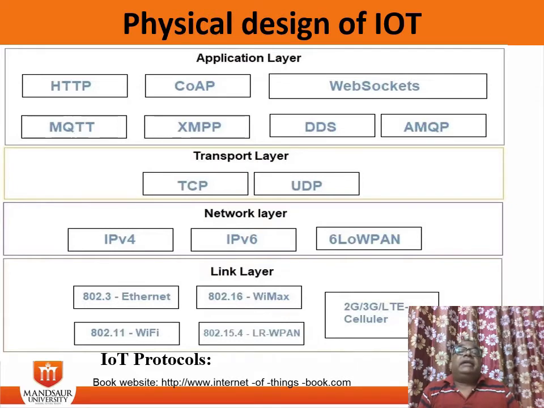The protocol for the network layer is 6LoWPAN, low power wireless personal area network. This is the name of a concluded working group in the Internet area of the IETF.